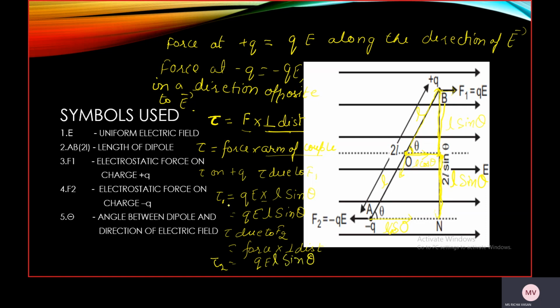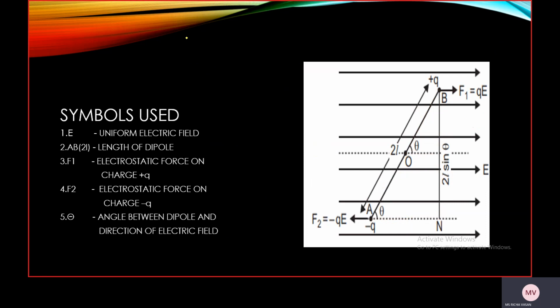So we have got two torques now, tau 1 and tau 2. Now we know that the total torque on the system will be the sum of these two torques, so total torque will be tau 1 plus tau 2. Now we have to consider directions also, because it is a vector quantity. If we see tau 1, which is due to F1, its direction will be like this, because it will be moving the dipole in this direction.